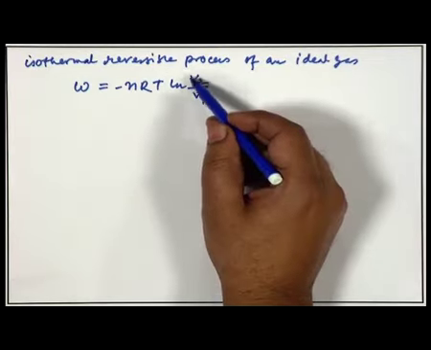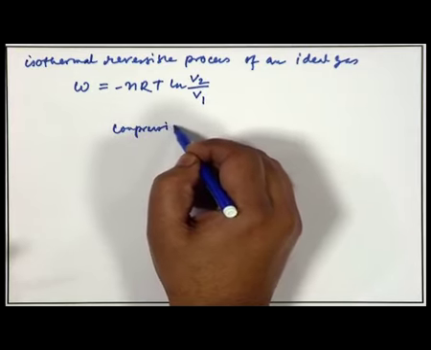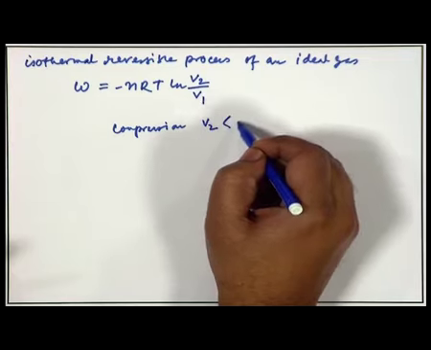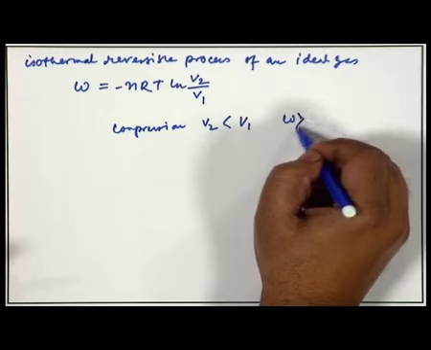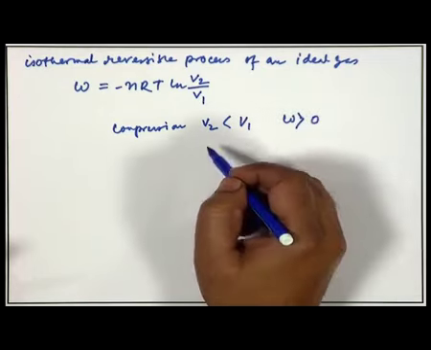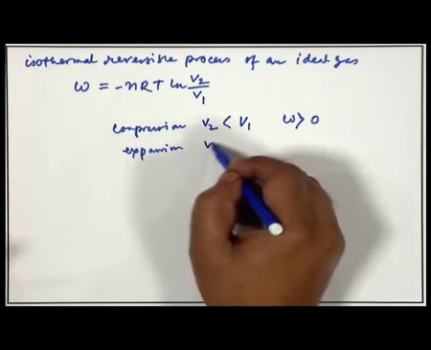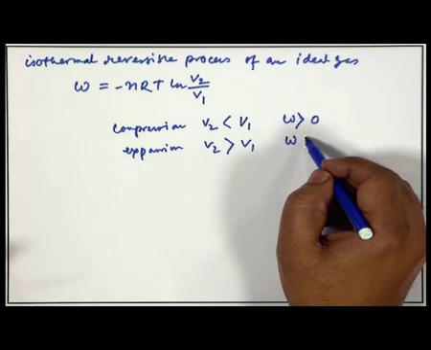Again, just to recheck, for compression, as V2 is less than V1, W would be a positive number, and for expansion, as V2 is greater than V1, W would be a negative number.